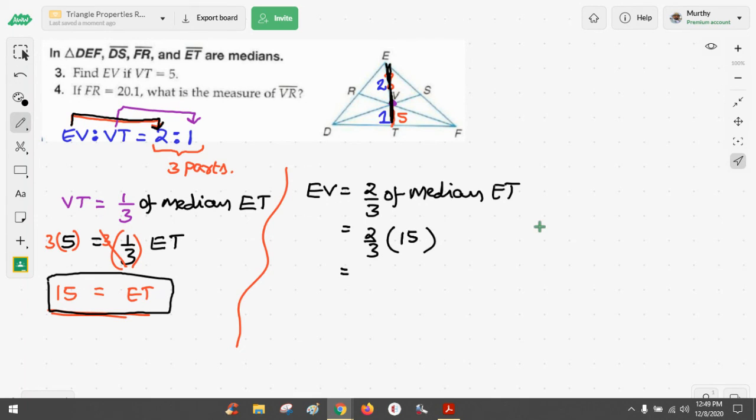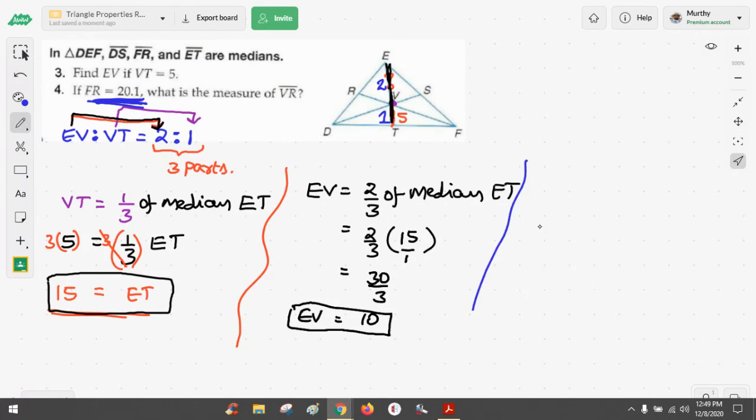Quickly grab your calculator. So 2 times 15, there is an invisible denominator 1 here, so 2 times 15 gives me 30. Denominator 3 ones are 3. Therefore 30 over 3 gives me 10 units. That's the value of EV.